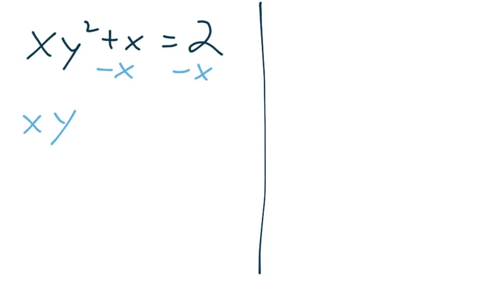If I did x y squared plus x equals 2. So subtract x on both sides. I'm trying to get the y by itself. Then I'm going to divide by this x here because I'm trying to get y by itself.